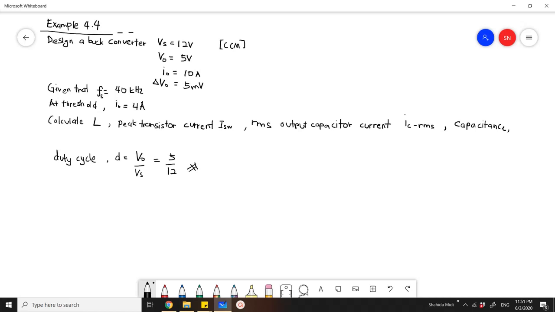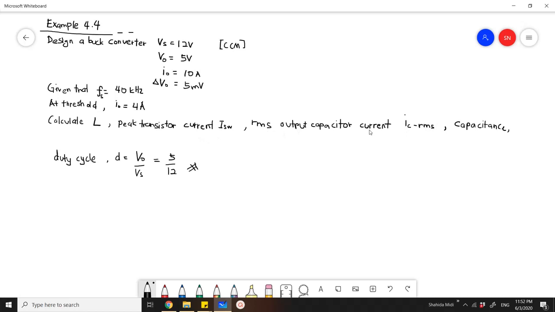What we need to calculate is L, the peak transistor current, the capacitor current, and also the capacitance. As you can see from the previous example, we found the same things we want to find here: the inductance and capacitance to design the buck converter, the peak transistor current, and the capacitor current.